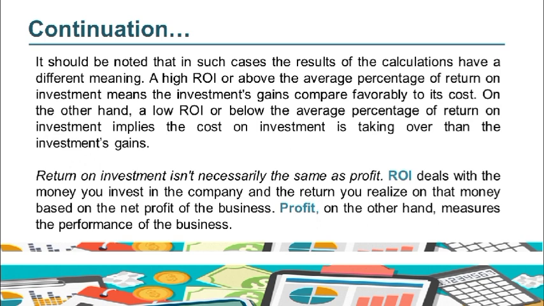Return on investment is not necessarily the same as profit. ROI deals with the money you invest in the company and the return you realize on that money based on the net profit of the business. Profit, on the other hand, measures the performance of the business.